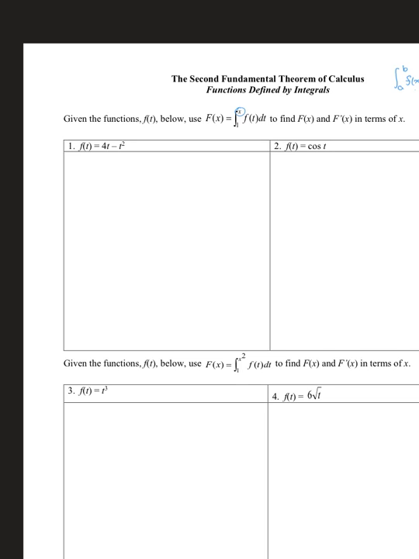actually let me. So F of x, capital F of x, is equal to the integral from 1 to x of f of t. Well, my f of t is this guy, so 4t minus t squared, there we go, dt.